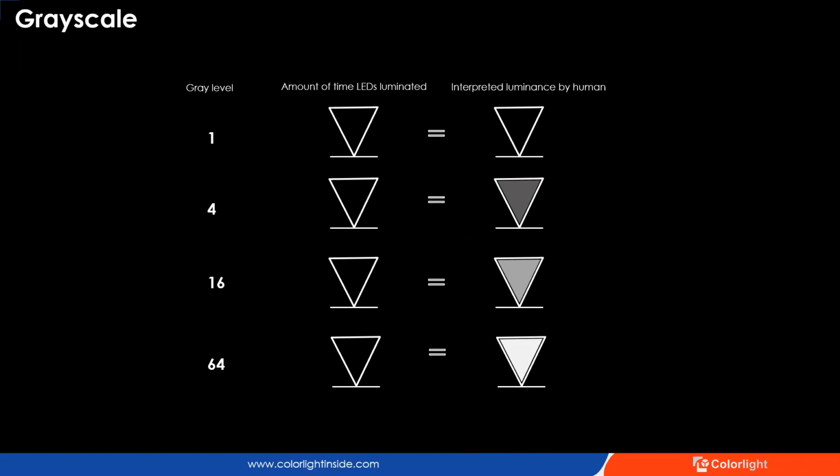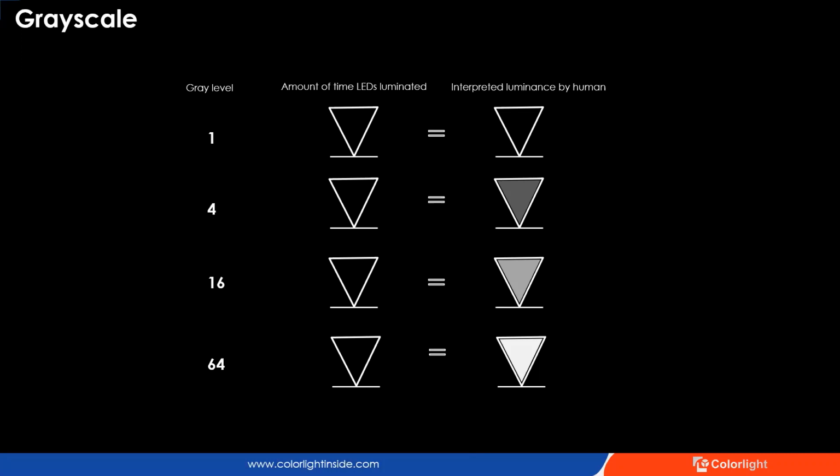Now we know the grayscale is essentially the possible brightness variation range from the darkest to the brightest of an LED. So how does the LED produce different brightness levels or gray levels? In the beginning, we discussed the LED screen's working principle. LEDs are not illuminated all the time.